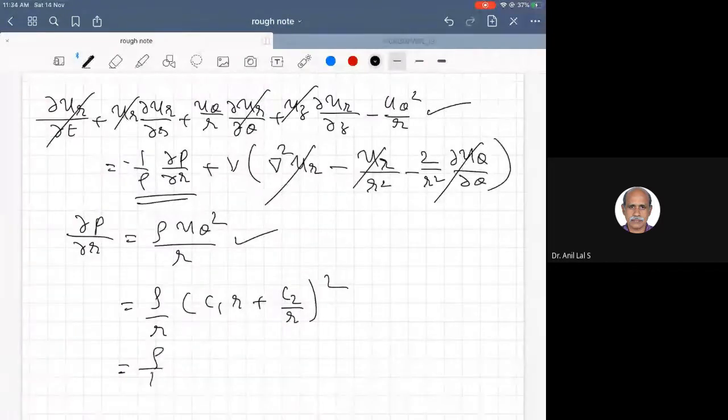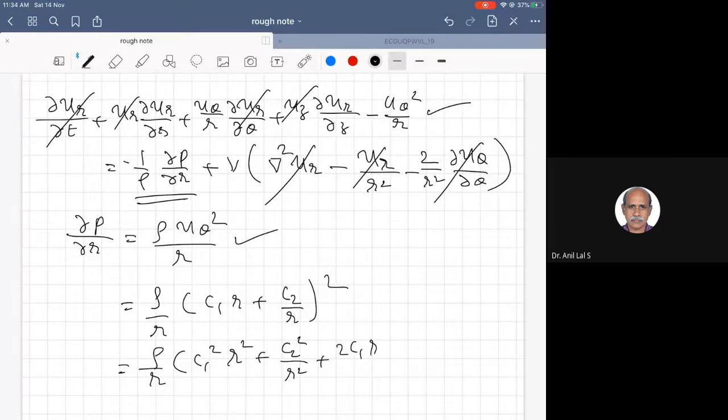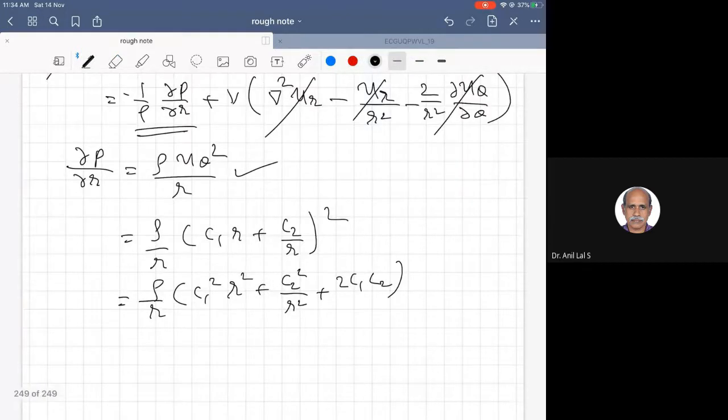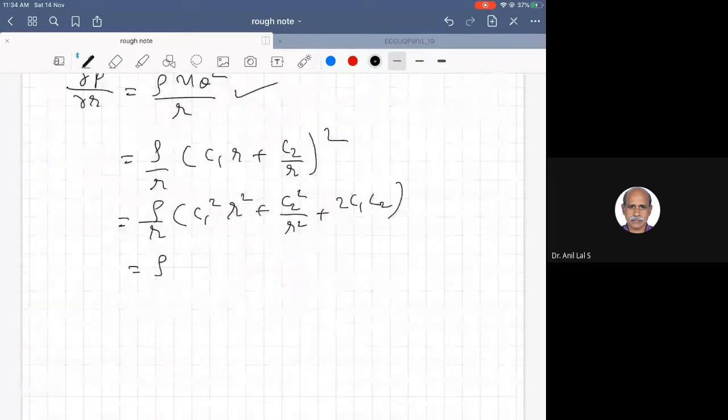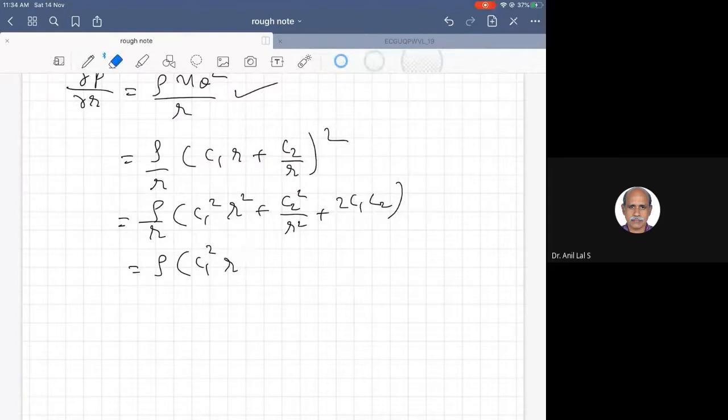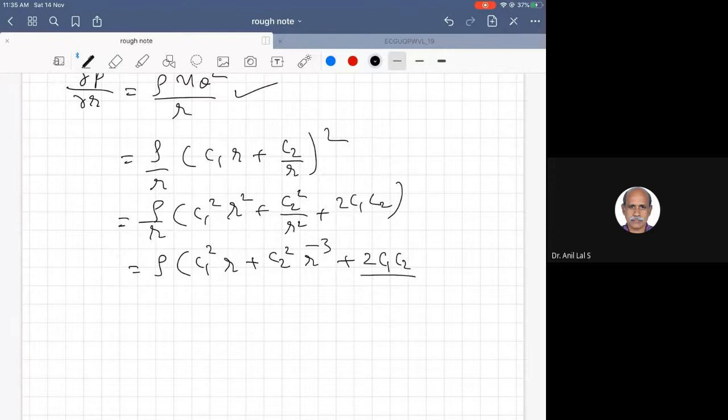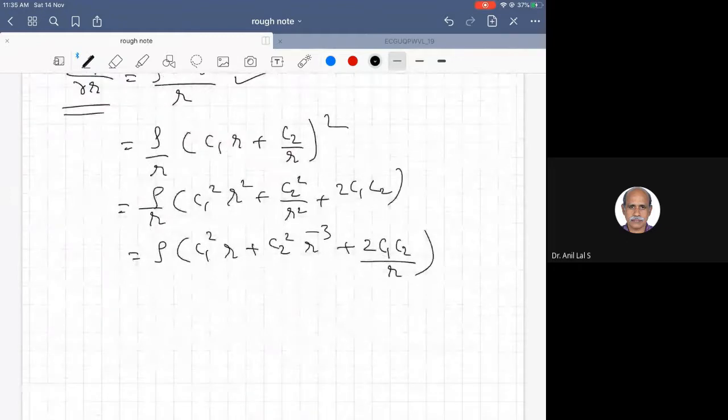So rho by r into C1 squared R squared plus C2 squared by R squared plus 2 C1 C2 gets you rho into C1 squared R plus C2 squared R raised to minus 3 plus 2 C1 C2 by R. So upon integration, you can get how P varies with R.